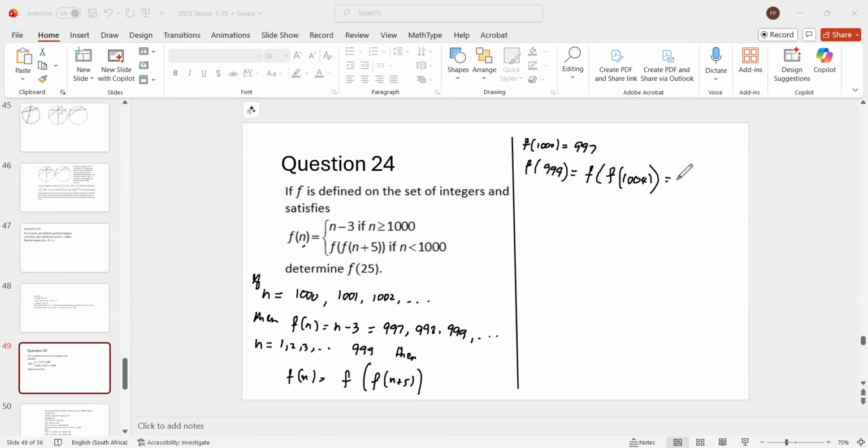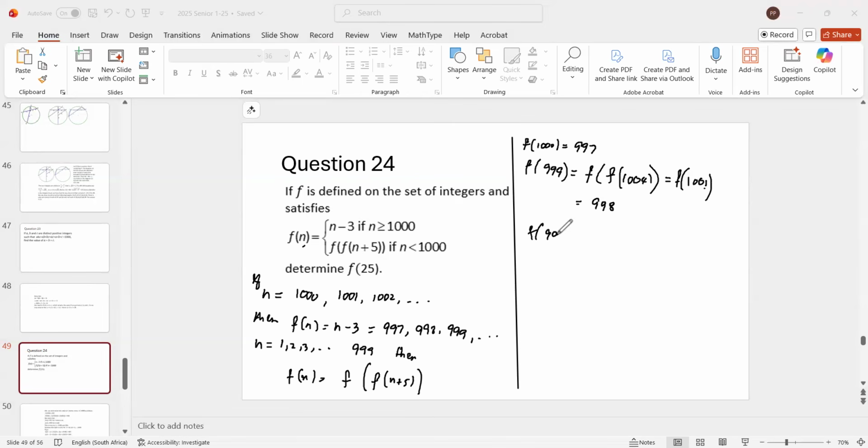So this is f of 1001. f of 1004 is 1004 minus 3. Now this is still greater than 1,000, so f of this is 998, 1001 minus 3. So we're able to calculate f of 999.